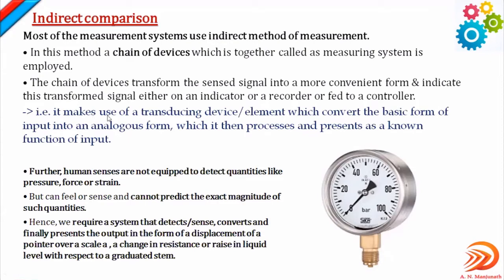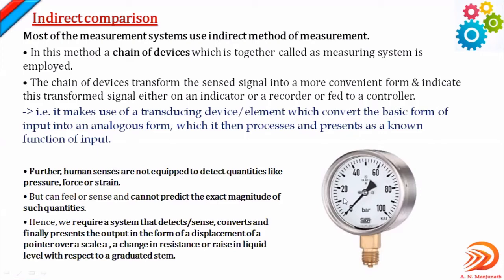It uses a transducing element which converts the basic form of input to an analogous form, which it then processes and finally functions on for the input given to it.